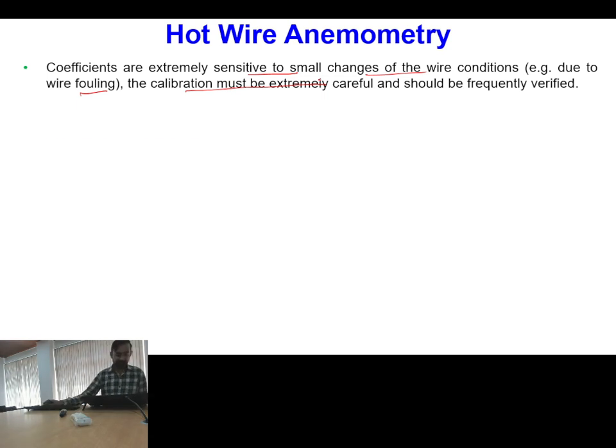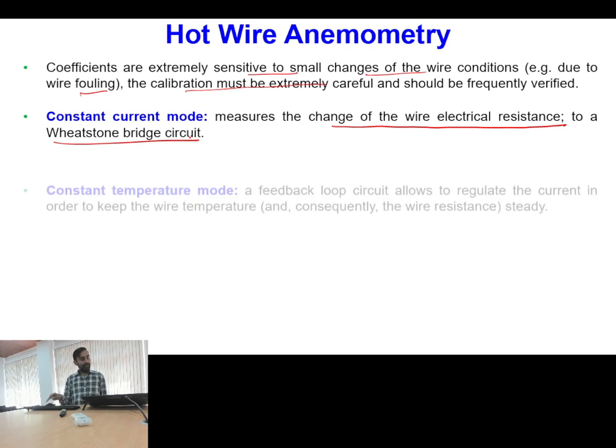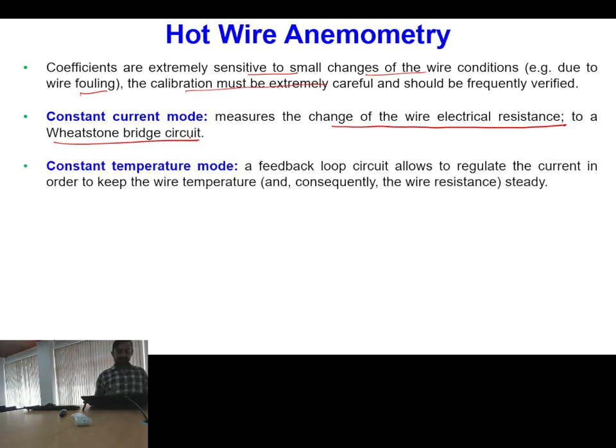Then we have two modes. First, constant current mode: here we measure the changes of the electrical resistance, and typically we can simply use a Wheatstone bridge to measure the changes in resistance. The second mode is constant temperature mode.